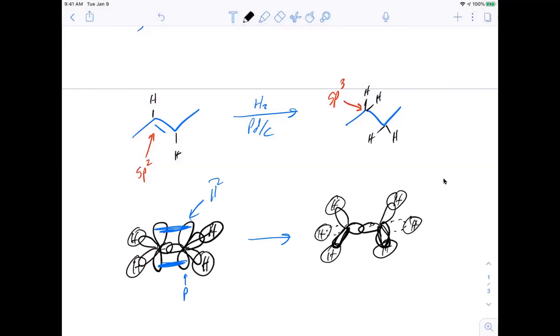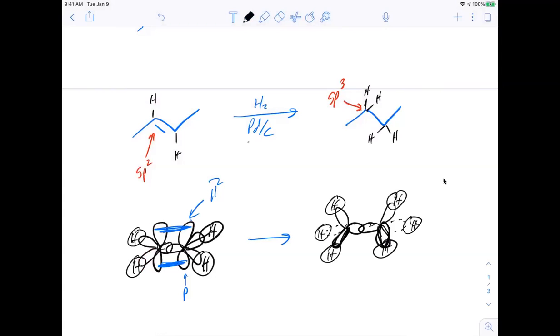So I rehybridized, I took that P back into the sp2s, I rehybridized it so that now I could have a sigma bond with my hydrogens.